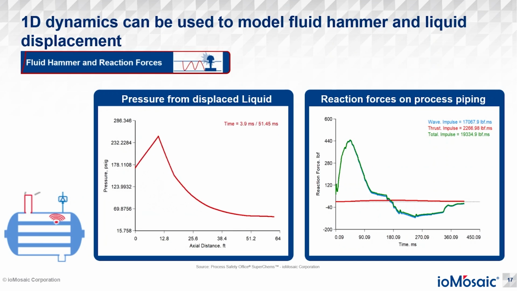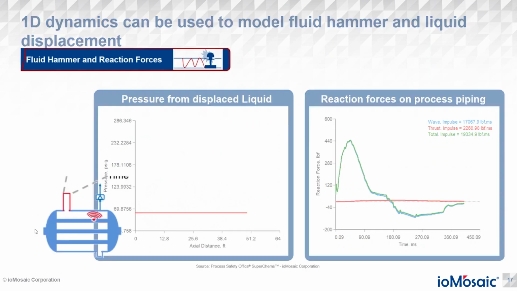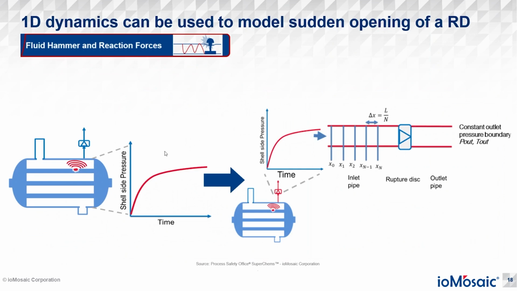We can see as it's going through the process piping, the liquid's getting pushed right through, almost like a pulse, and then immediately it does calm down, as that liquid bulge gets forced through the piping. And on the right hand side here, we do have a sudden spike in the reaction force.